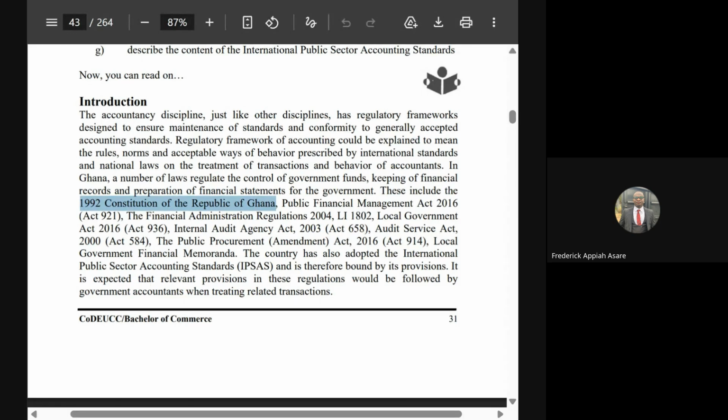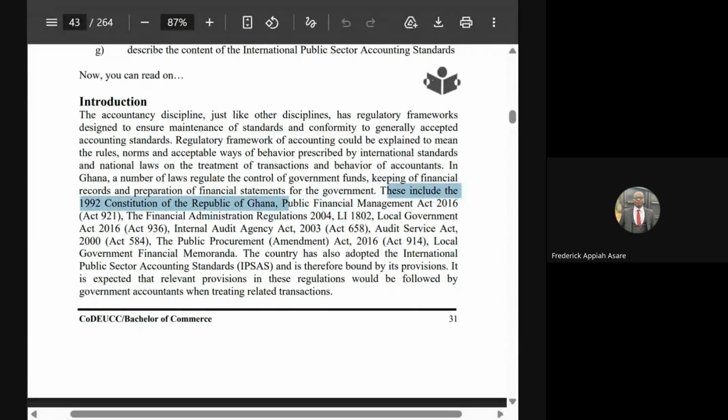That is the main law in Ghana. So that 1992 Constitution is the main law that we use when it comes to the regulators of the financial statement in relation to public sector.